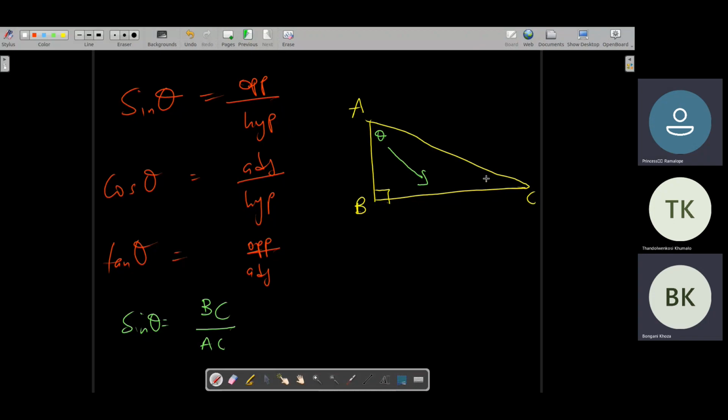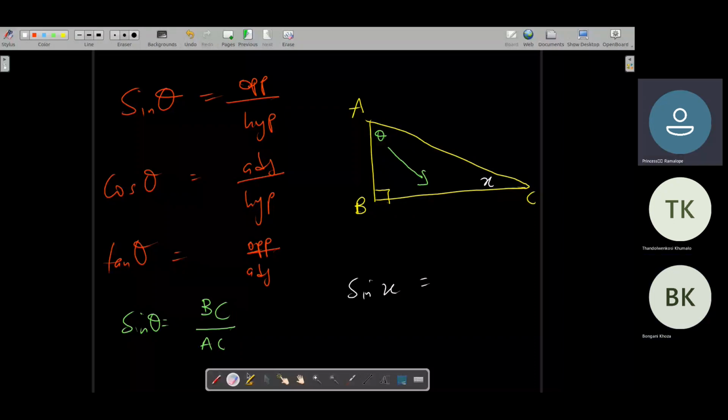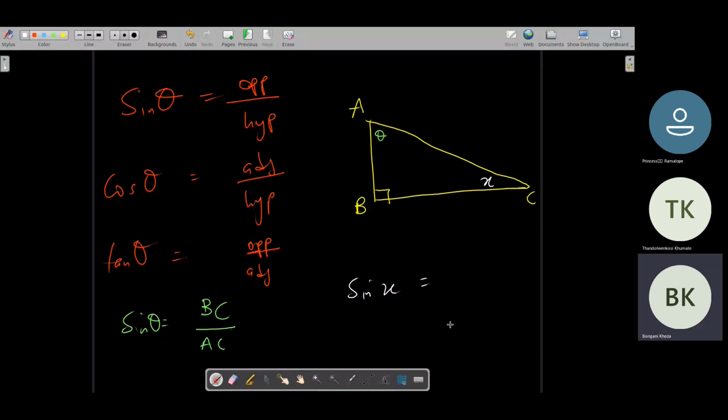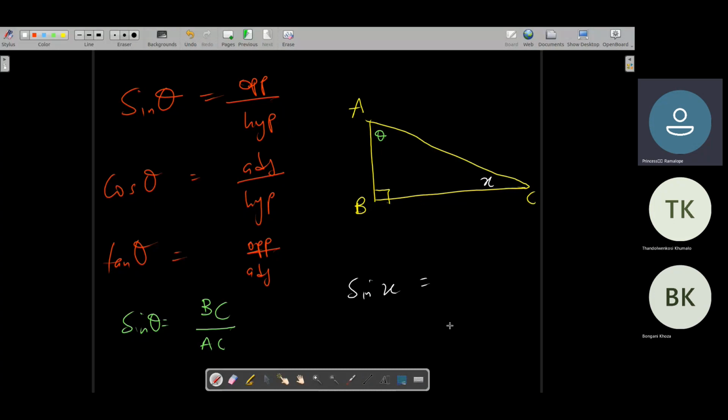And then if you're given this angle as x and you're supposed to find sine x, what's sine x? Opposite over hypotenuse. What's our opposite side?